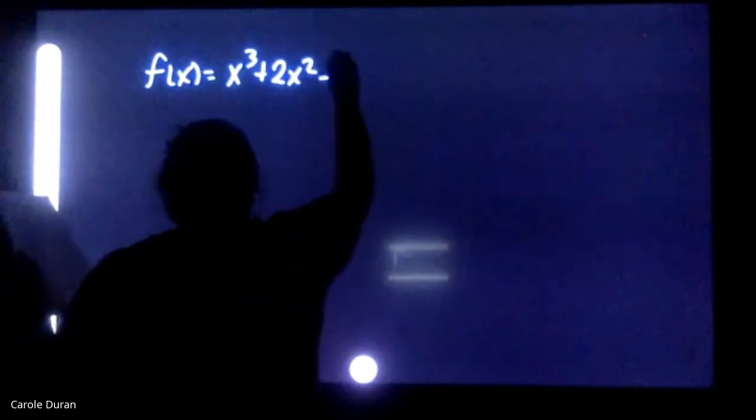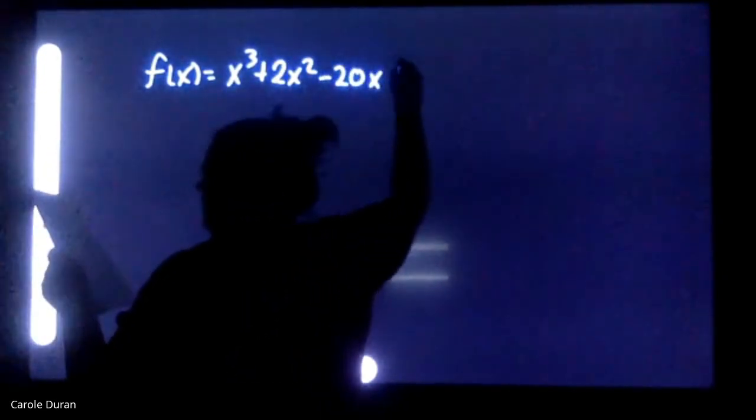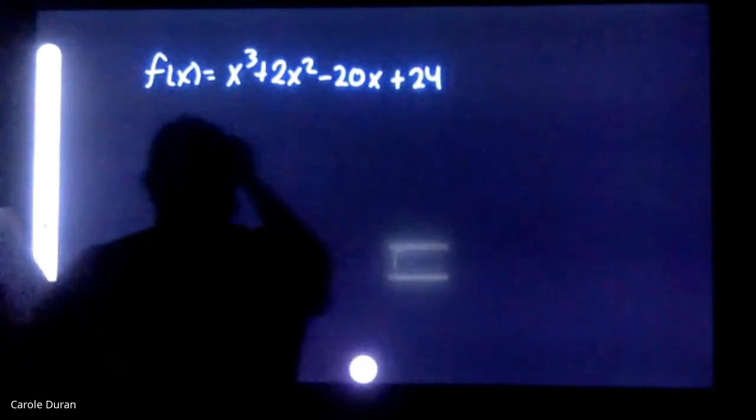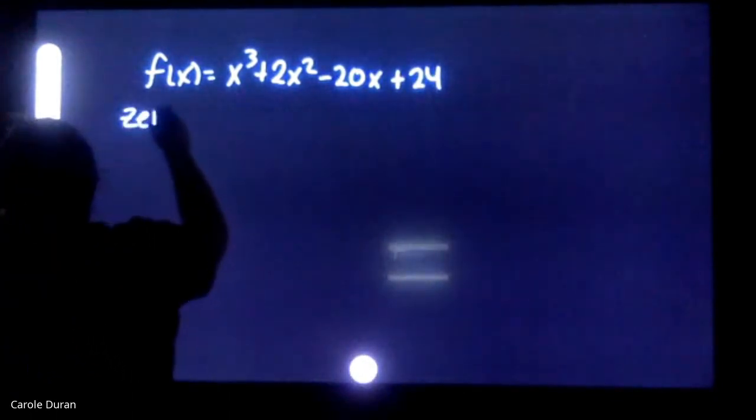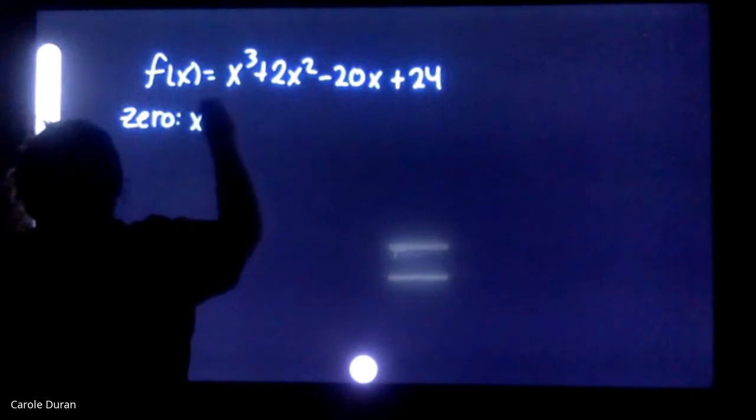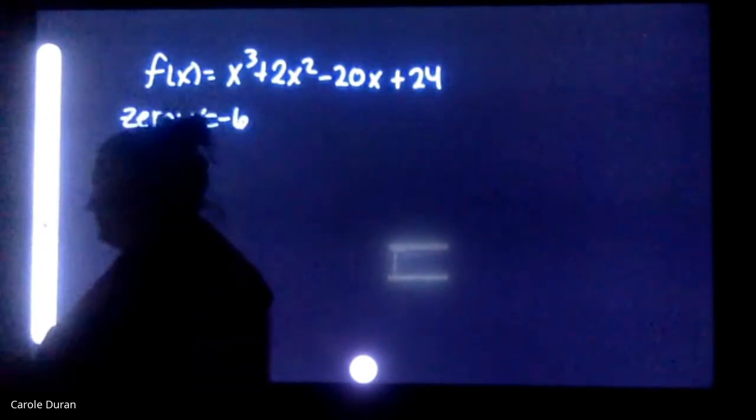So for 18a, I have f of x equals x cubed plus 2x squared minus 20x plus 24. And it tells me that my 0 is at x equals negative 6.